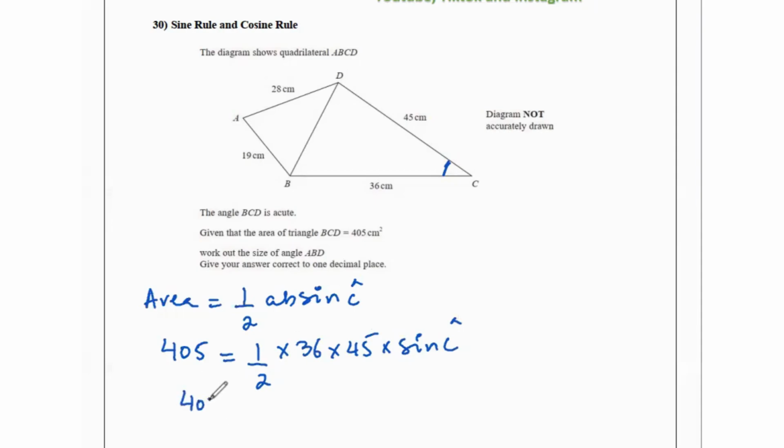So 405 divided by 810, then sine inverse of that equals angle C. So 405 divided by 810, sine inverse, that is 30 degrees. So C equals 30.